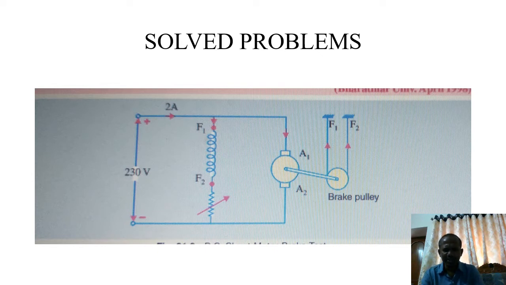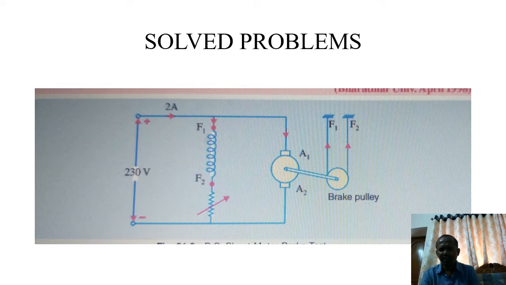Here the motor is a DC shunt motor, which has shunt field F1 F2 connected in series with a variable resistance. Across this there is an armature with A1 and A2 winding, and a brake pulley connected to spring balances.